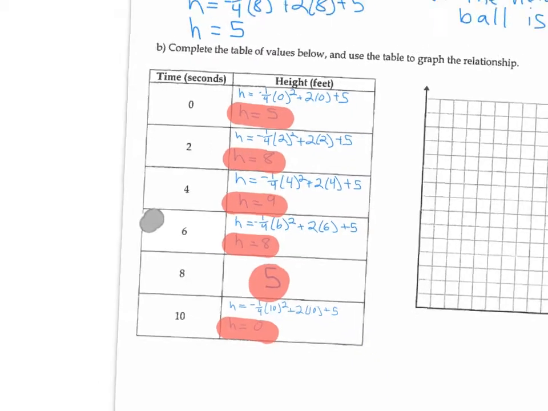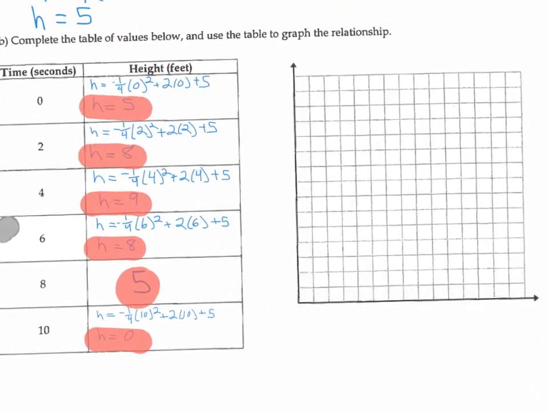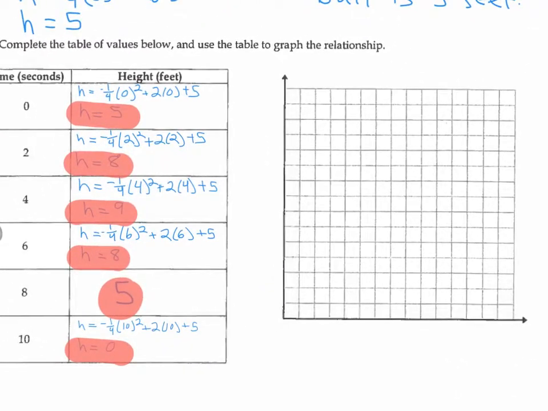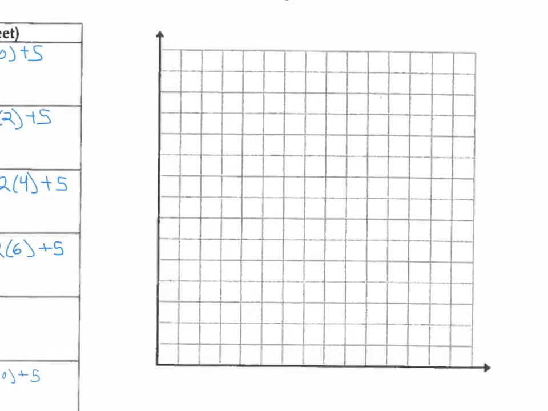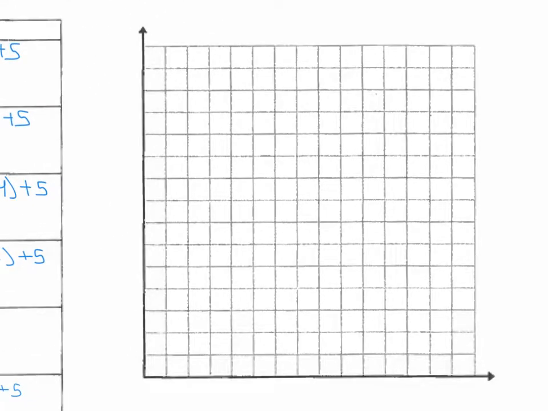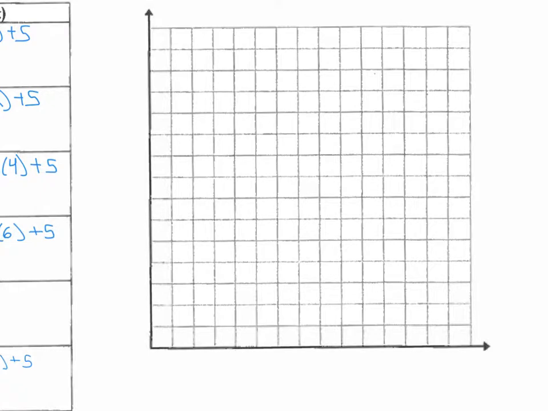So now you can take these values and you can plot them on a grid. But to do that, we're going to have to label our axes first. So when we're plotting an actual application, we have to label our axis. We're going to put time down here on the x-axis, and we're going to give it the unit seconds. And we're going to put height over here on the y-axis and give it a unit of feet.